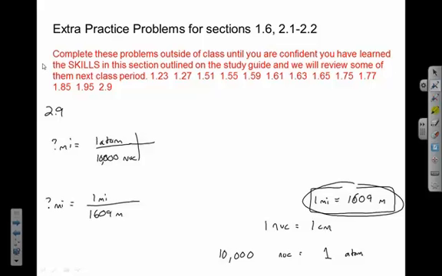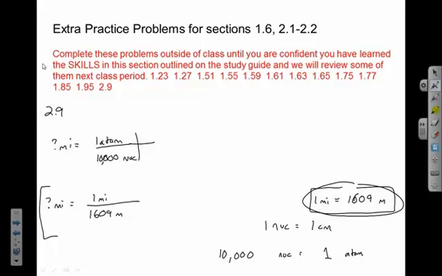If I can get the meters to cancel, then I'll have miles, and that's the unit I want. That would probably be the way I would set this up, because at least I know the unit I want is on top of the fraction, the units of miles, and I can think about canceling the other things.